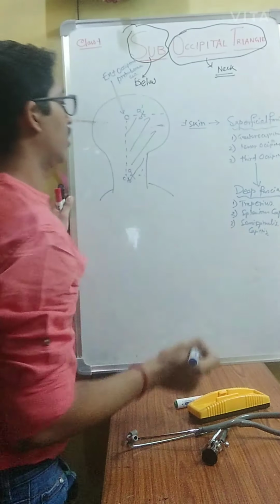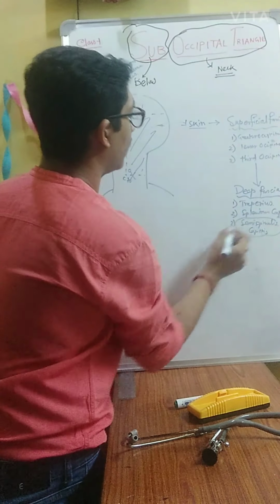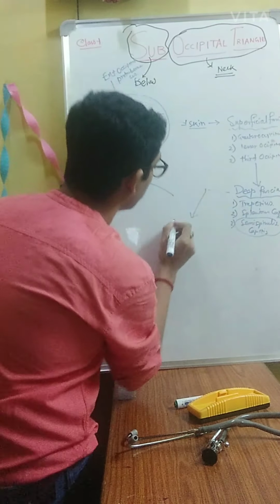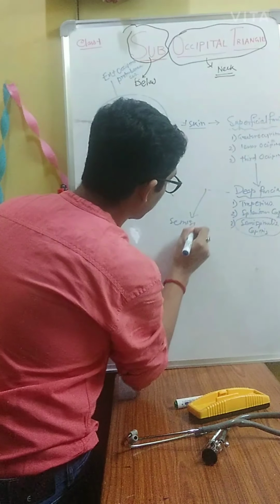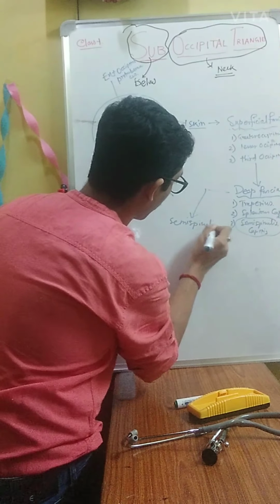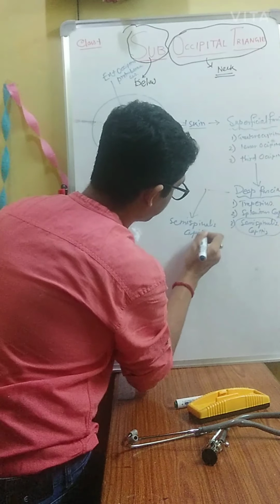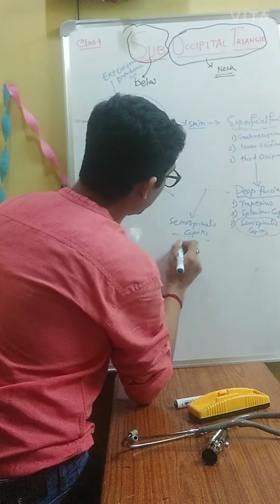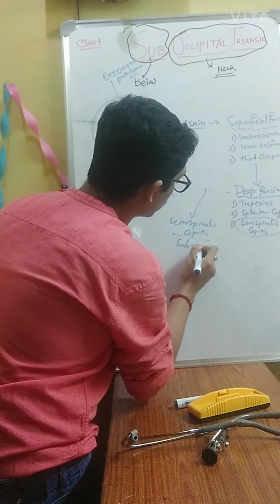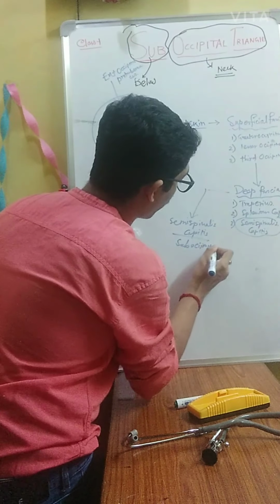After this, if you cut the semispinalis capitis, you will find our topic, the suboccipital triangle.